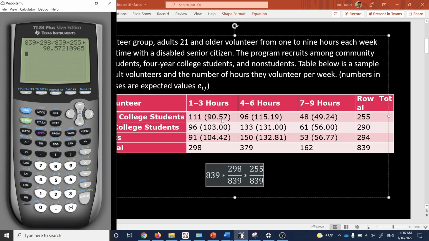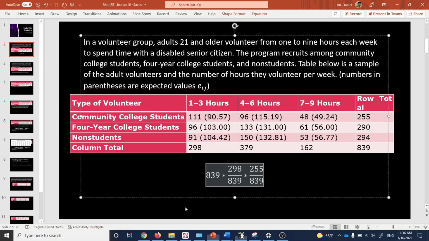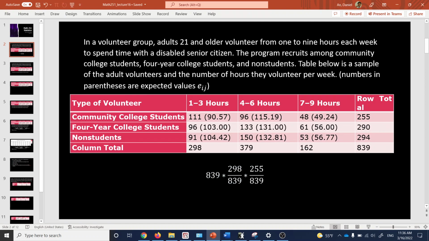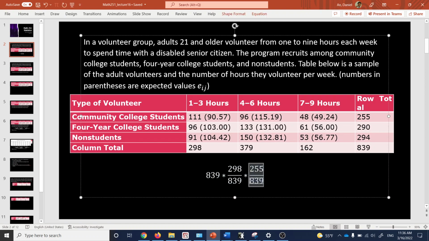Eventually you do this for every cell in the raw data, and you get these values. Okay, hopefully that made sense. That gave you 90.57.